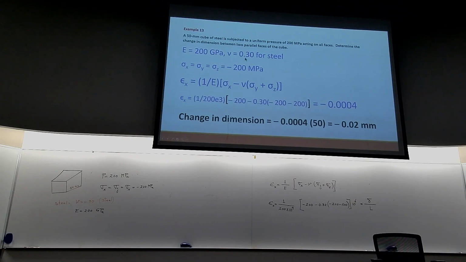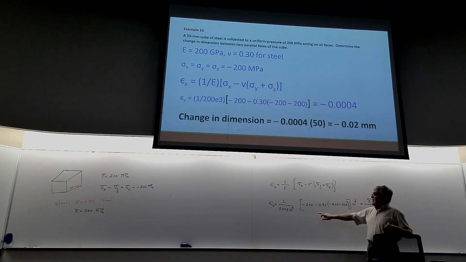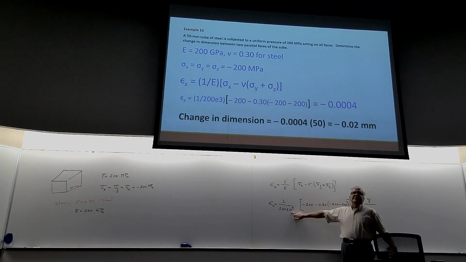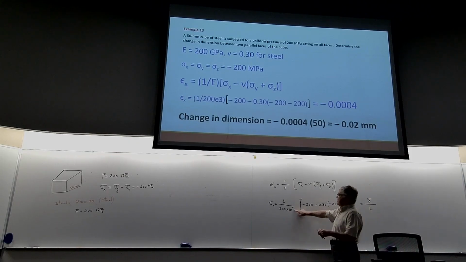Values of E and nu for steel, sigmas are all the same. They are negative because of compression. And that's the equation that I have right here on the right side. And the numbers, this million here cancels 6 of these. So I can erase this and change this to 3.